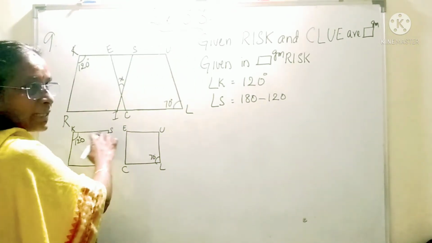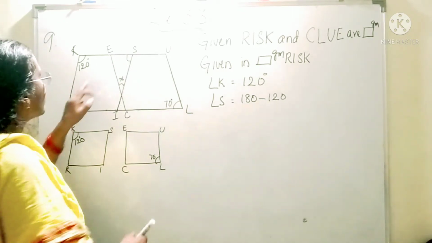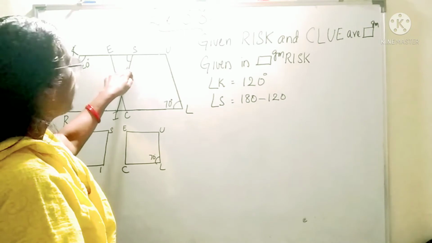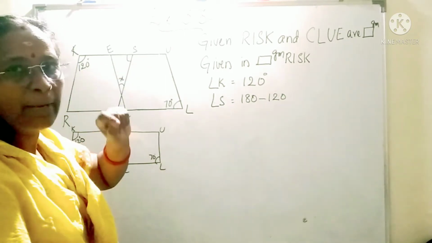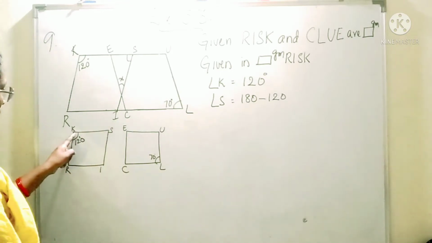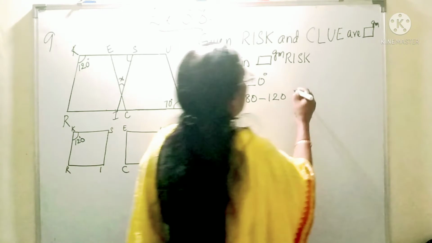What type of angles are they? This is angle S. If this angle is 120, what will this angle be? 180 minus 120. What type of angles do you see here in the figure? These two angles are adjacent angles of a parallelogram.